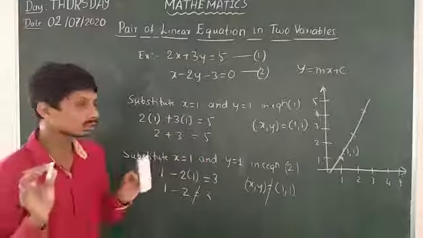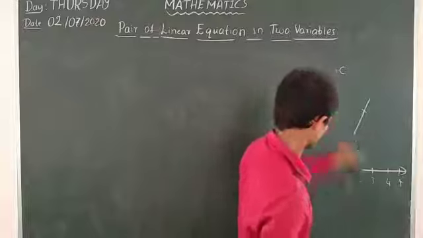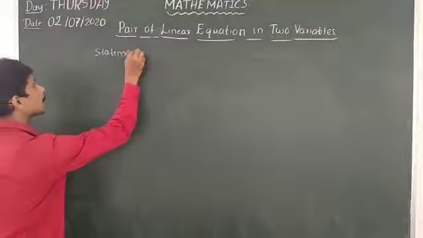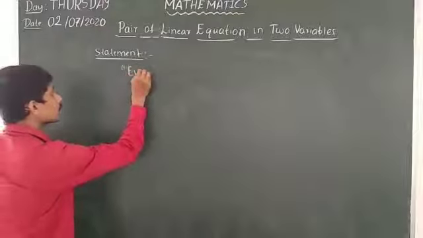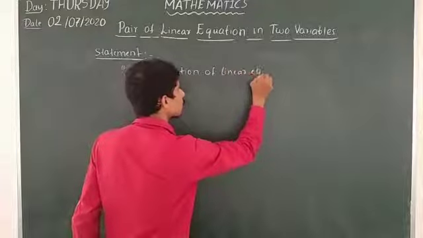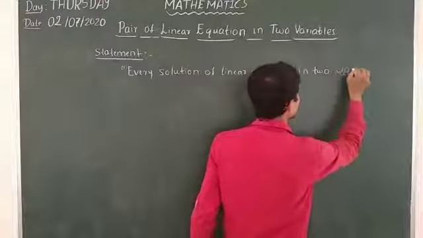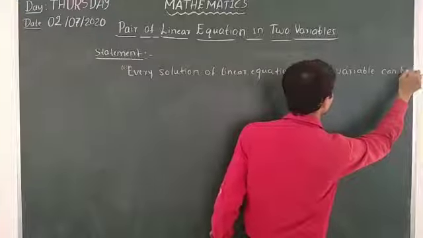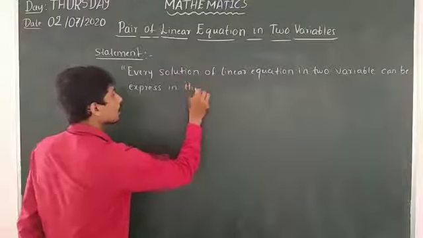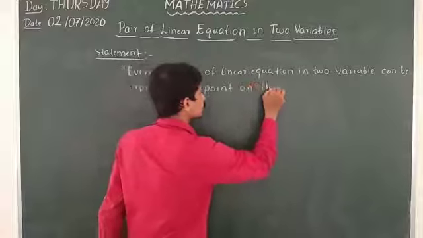So let us conclude with the statement. From this we can understand that every solution of a linear equation in two variables can be expressed as a point on the straight line.